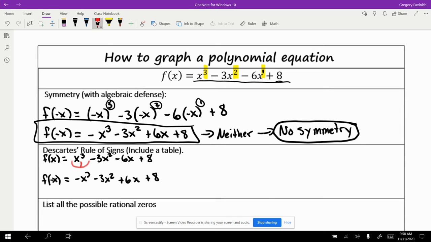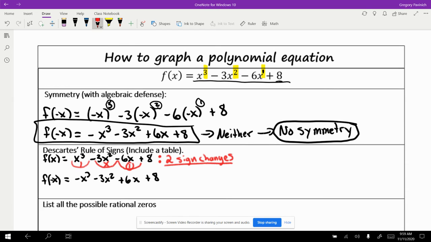So I'm going to write 1. Then I went from a negative 3 to a negative 6. I did not change signs, so I do not have another sign change. Then I went from a negative 6 to a positive 8. So I had another sign change. So this one had 2 sign changes.